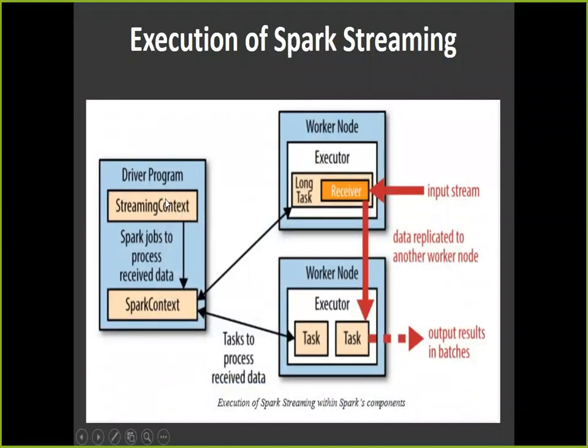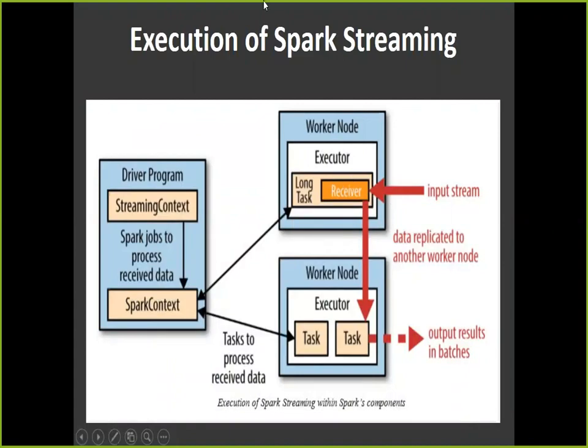So once you start your streaming context, Spark jobs will process the received data. The streaming context will initiate some executors on the worker nodes, and on those it will initiate the receiver tasks.